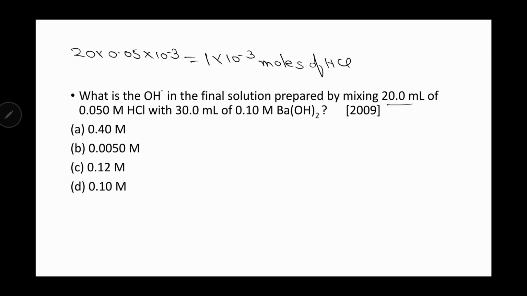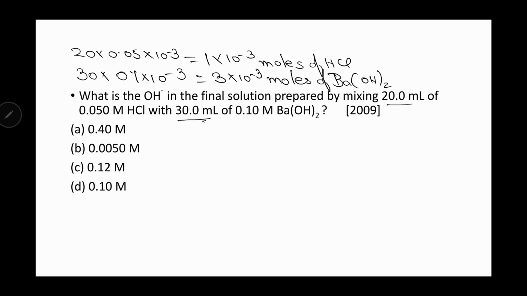Similarly, in the case of Ba(OH)2, we can write 30 into 0.1 into 10 to the power minus 3, which gives you 3 into 10 to the power minus 3 moles of Ba(OH)2. So we have 30 ml here and we have 0.10 M Ba(OH)2 here. Now we know the number of moles of each of these present. But here is one thing that we need to observe.